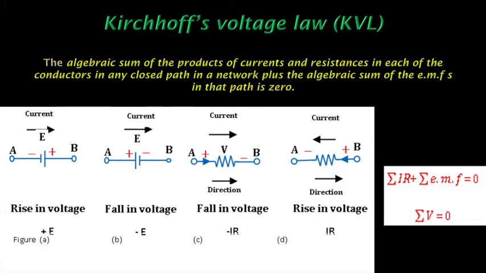In case of a direct power source like a battery, if the current flow direction through the loop is from negative to positive terminal, then the voltage sign is positive, as shown in figure A. But if the current flow direction through the loop is from positive to negative terminal, then the voltage sign is negative, as shown in figure B.